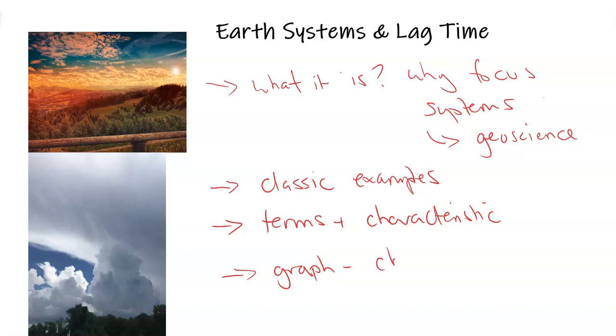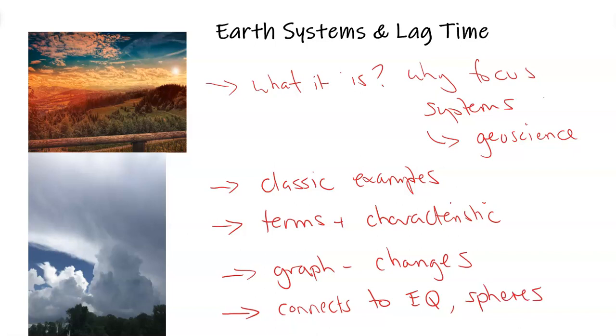So the graph is used to visualize that. And then we're going to look at how it connects up to things like equilibrium, the different spheres, also how we study geomorphology as an intro to this unit.